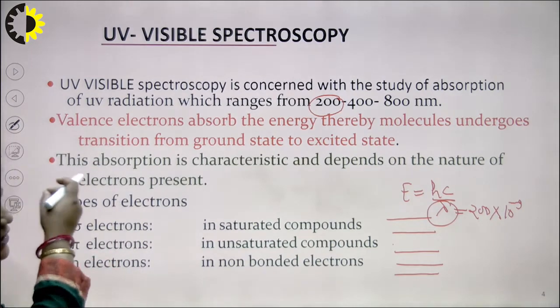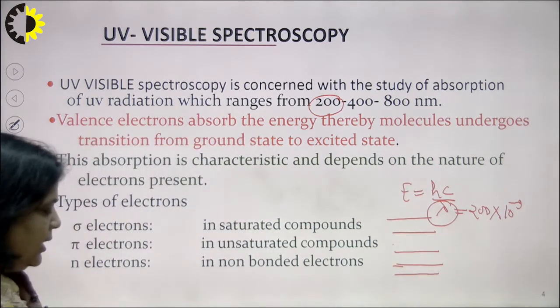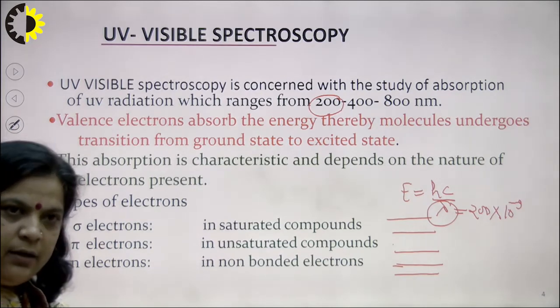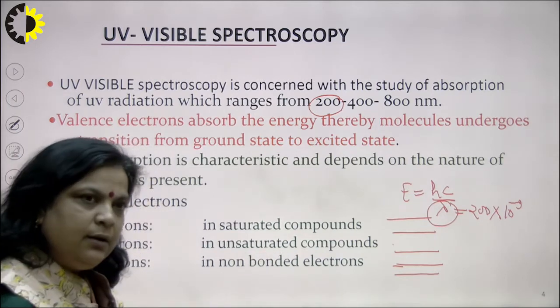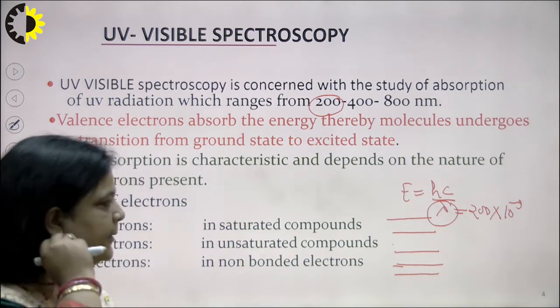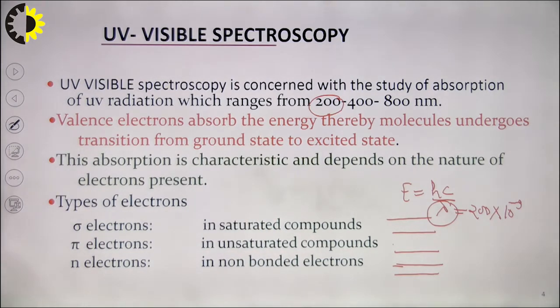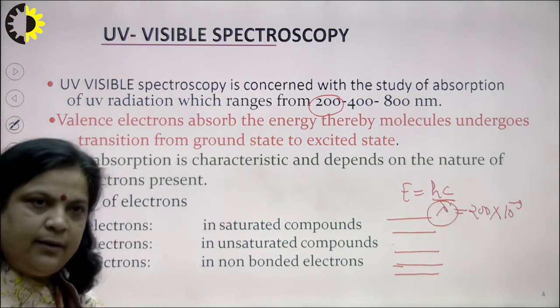We know that initially the spins of electrons in molecular orbitals are paired and they are called the ground singlet state or singlet ground state. So, initially at ground state spins are paired, but when the molecule absorbs UV visible radiation, the electrons go to a higher state, and if the spins are paired then it is called the excited singlet state, and if the spins are parallel they are called the excited triplet state.